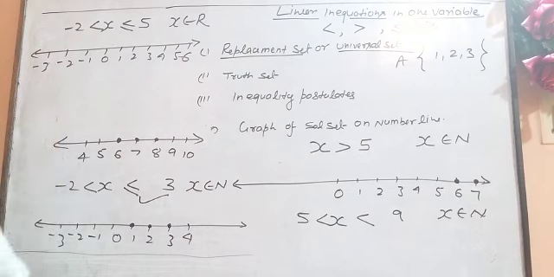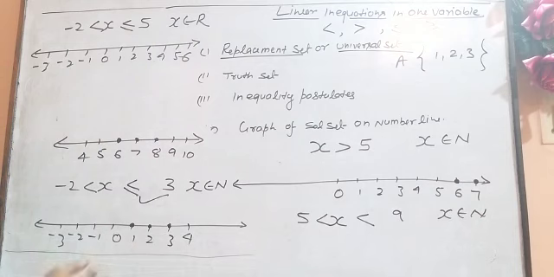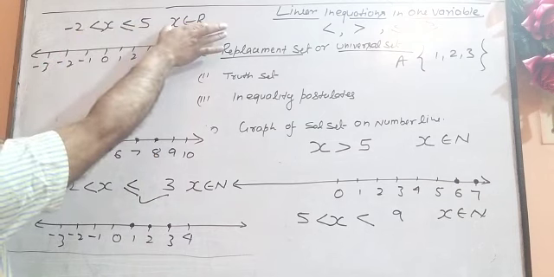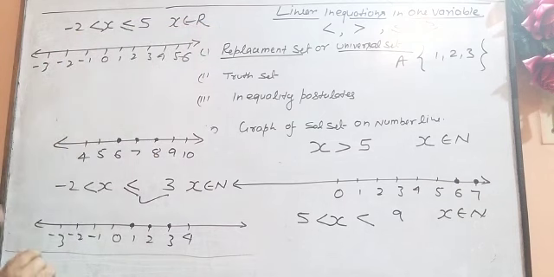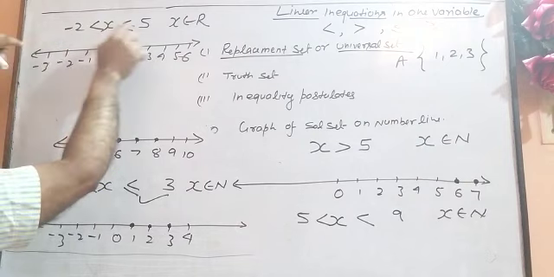Now in case of the real number system, while graphing the solution on the number line, we have to put a thick line looking at the boundaries. Boundaries are -2 and 5.